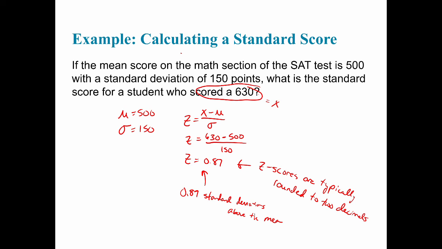If it's positive, it's above the mean, and if the z-score is negative, it's below the mean. So in this case, positive z equaling positive 0.87 means that our data value 630 was 0.87 standard deviations above the mean. So that's how we can compare.